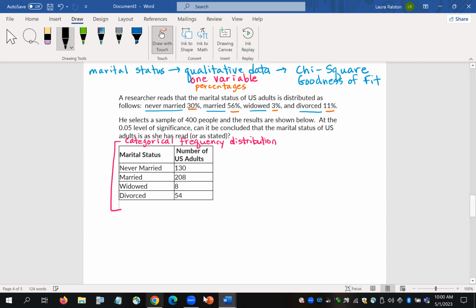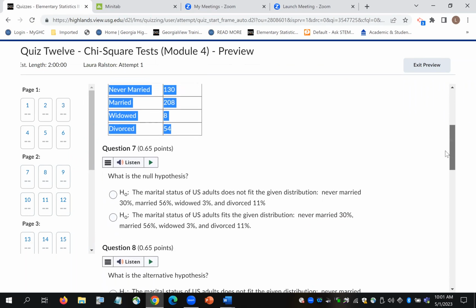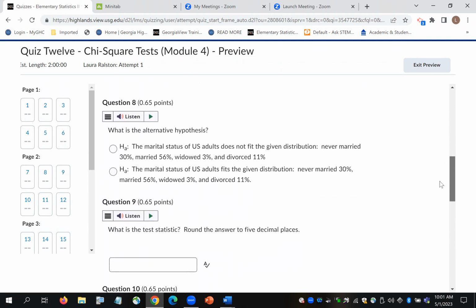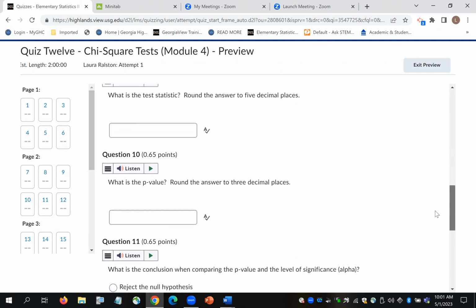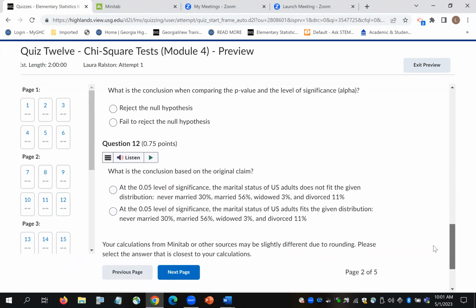And guys, even if you don't necessarily catch all of these clues in the story, look at the questions. You know how sometimes it's better to read the scenario and maybe even read the questions before you begin? If you start reading the questions, it may very well help you realize, oh, this is chi-square goodness of fit.